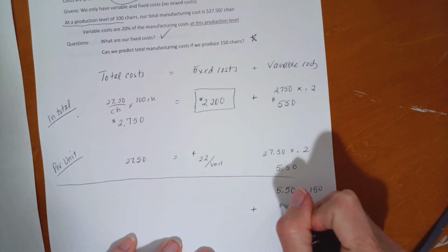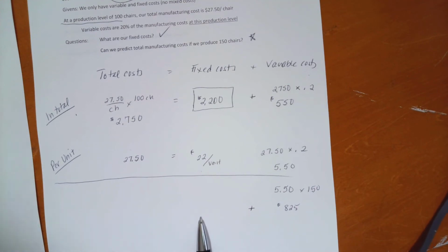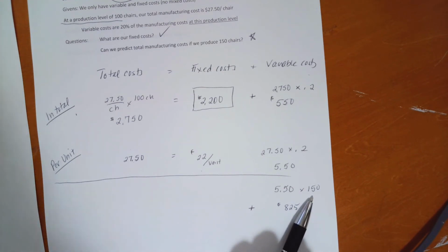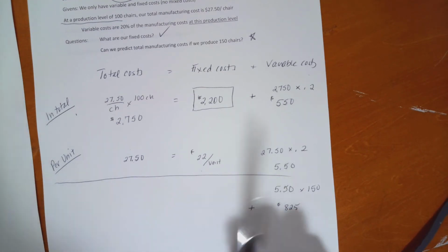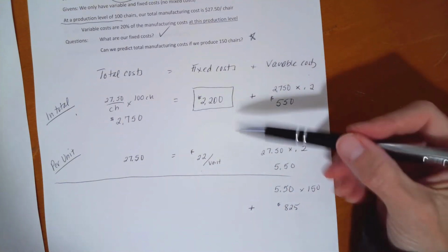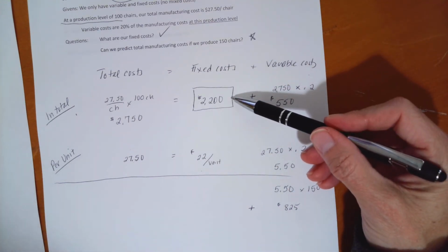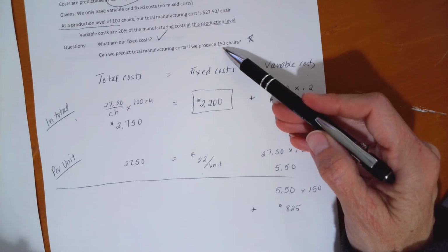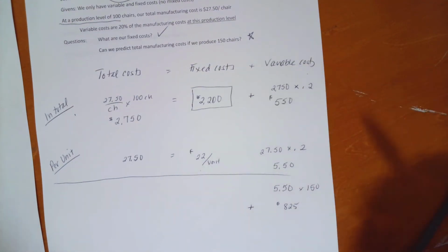Okay. Do we know our fixed costs? Am I going to take 22 times 150 units? No, right? It's fixed costs. The beauty of fixed costs is that they stay the same in total regardless of the activity level. So the activity level is 100 chairs or 150 chairs. It's always going to be 2,200.